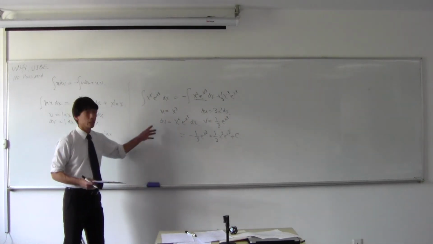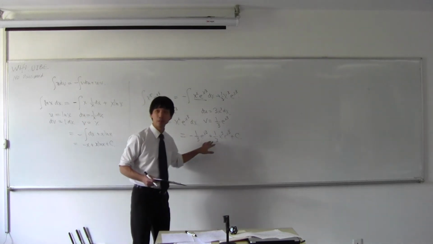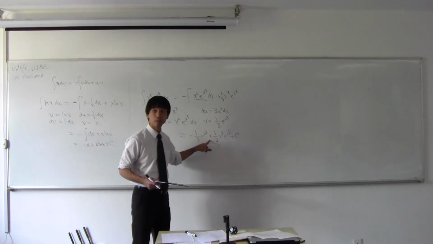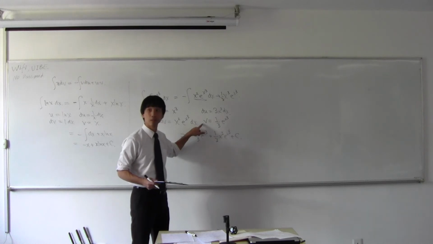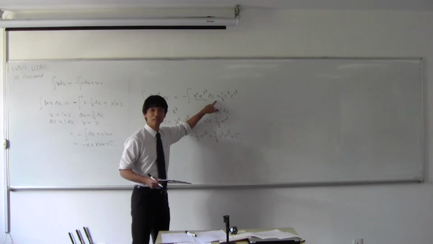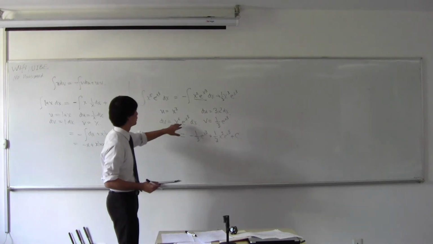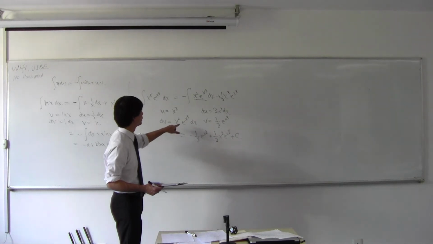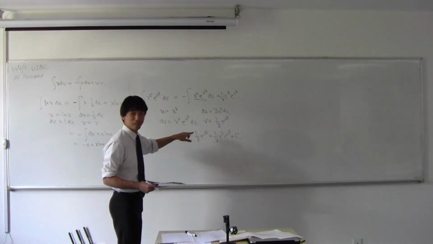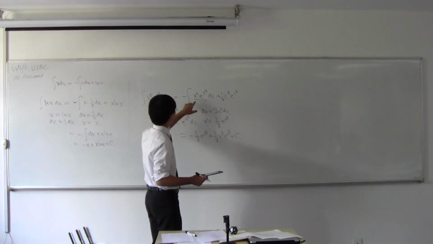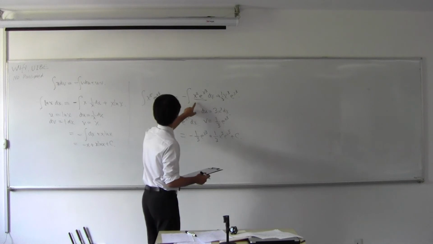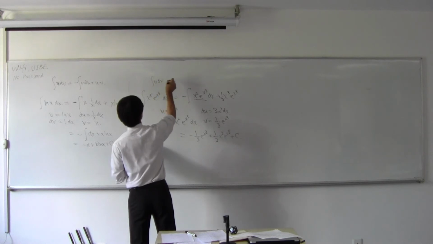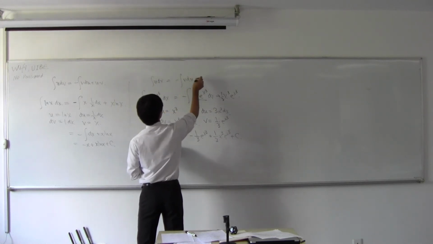Okay. Any questions about that one? Wang Bo, do you have a question? This part? Yeah. So right here we have our u dv. That's getting minus v du plus uv.